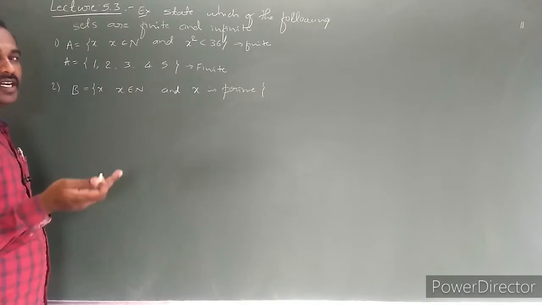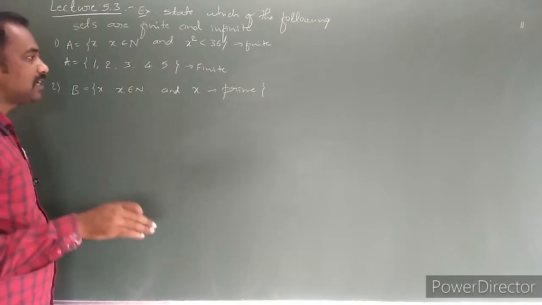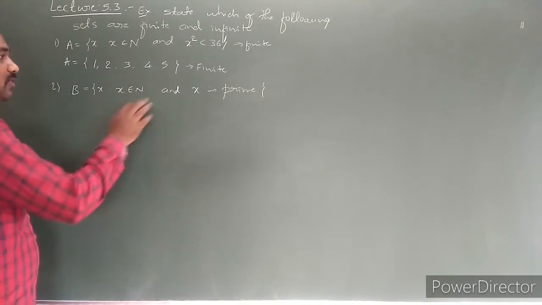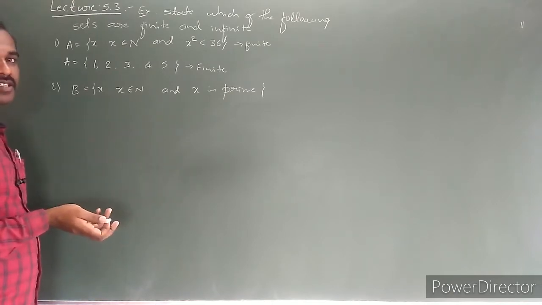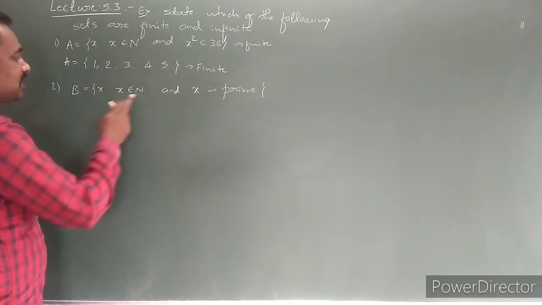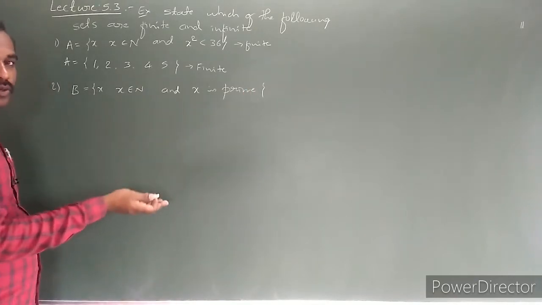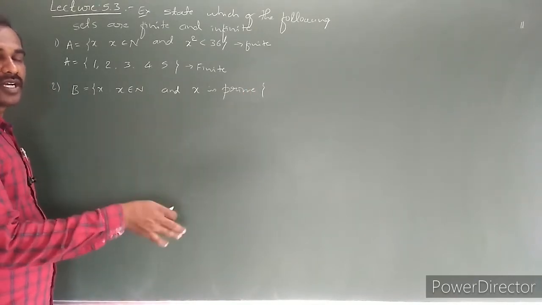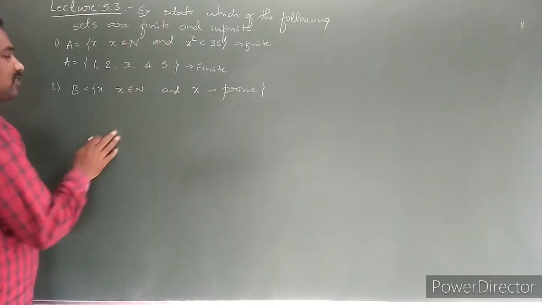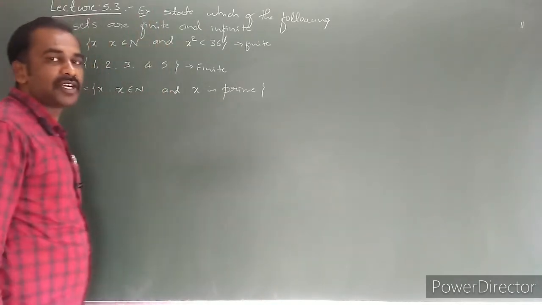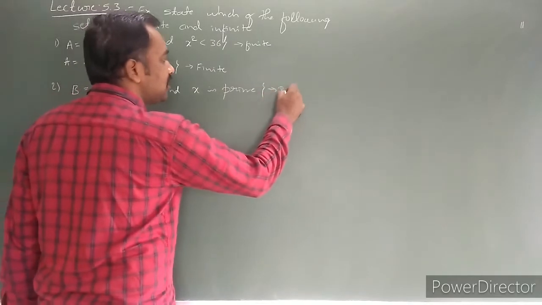What is a prime number? A number which is divisible only by itself and one is said to be a prime number. The prime number set is an infinite set, and here x is a natural number. We write all the prime numbers: 2, 3, 5, 7, 11 and so on. Whether it is a finite or infinite set, obviously it is an infinite set.